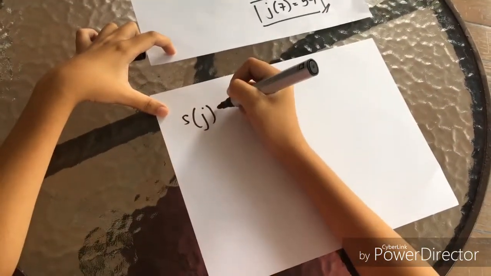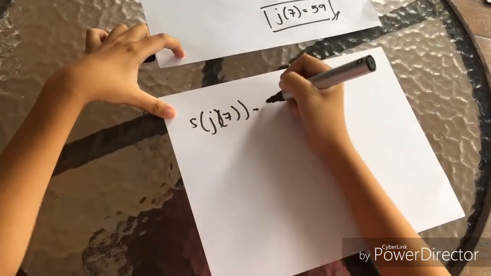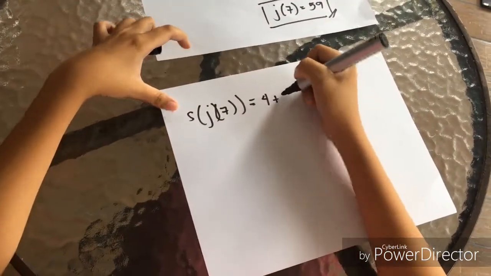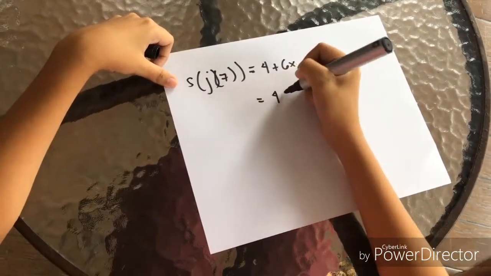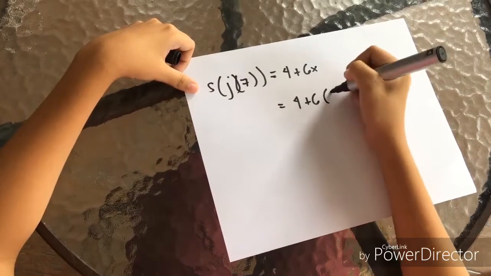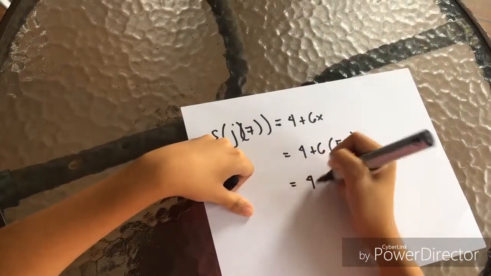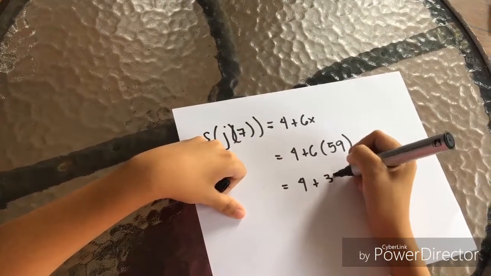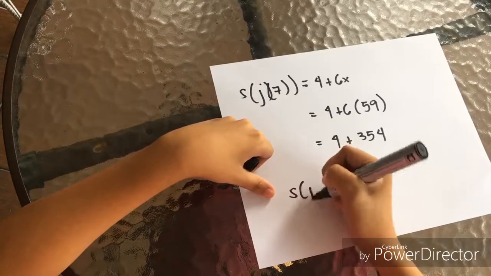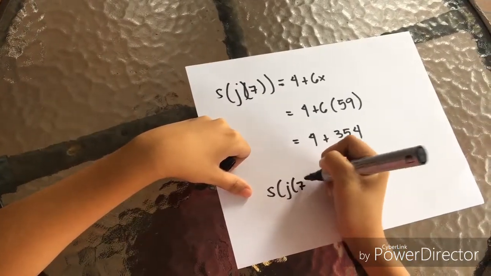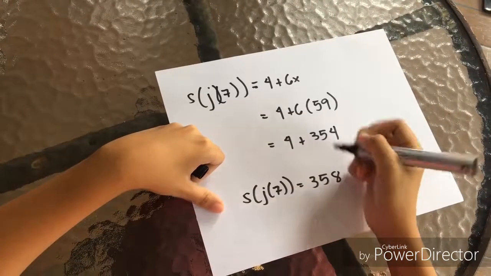S of J of 7 is equal to 4 plus 6x. So we'll substitute the value of x from what we got on J of 7. 4 plus 6 times 59, that will be equal to 4 plus 354. S of J of 7 is equal to 358.